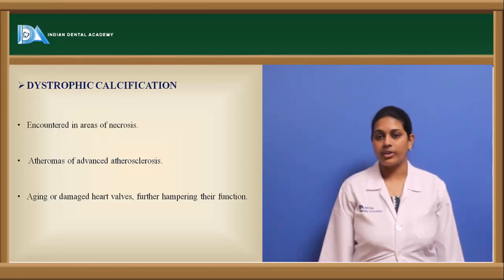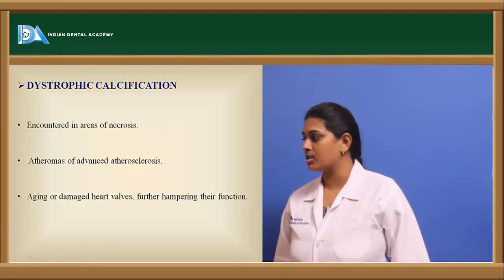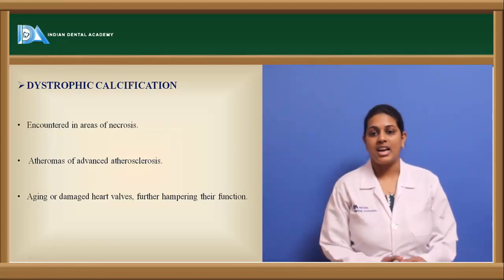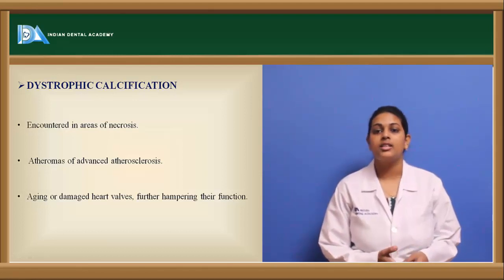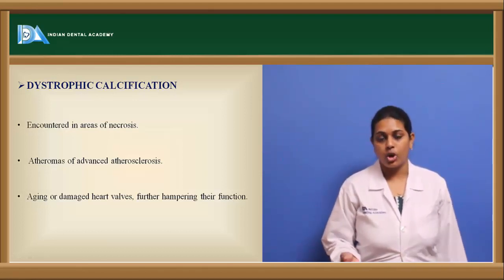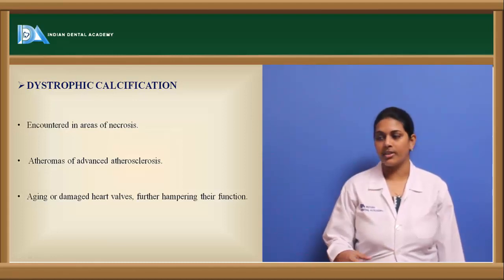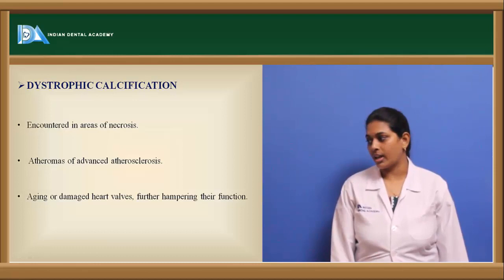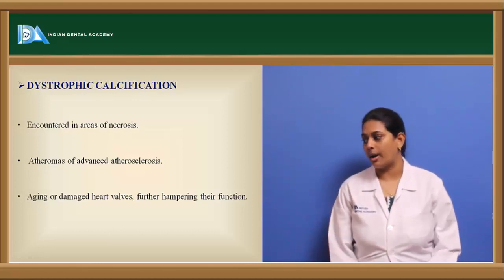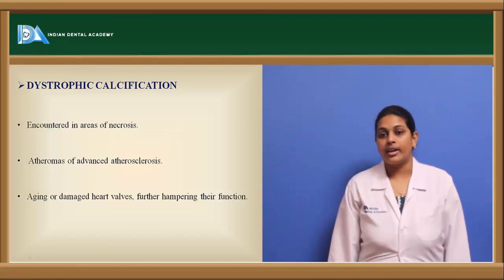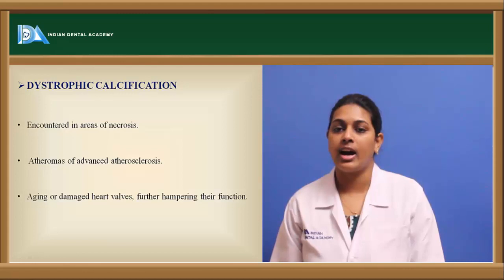Coming to dystrophic calcification, usually it is seen in the areas of necrosis, and a major example is atheromas or atherosclerosis, that is, thrombi or emboli formed in the arterial blood vessels, which give an example of dystrophic calcification. Another example is aging or damaged heart valves, where calcification hampers the further function of the heart.